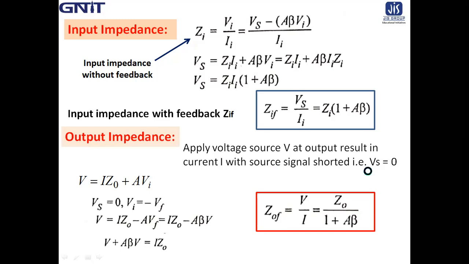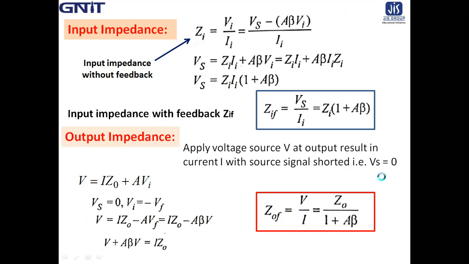That means Vs equal to 0. So for the calculation of output impedance, you have to take Vs equal to 0.